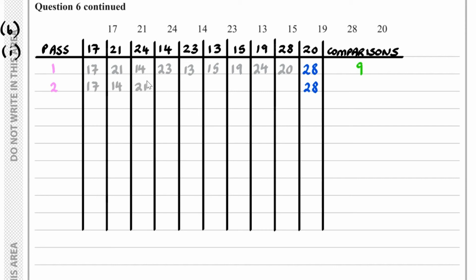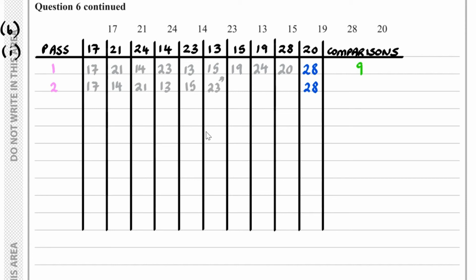So now we compare this 21 with the 23, 21 is smaller. So now we compare the 23 with the 13, 13 is smaller, and we now compare the 23 with the 15, 15 is smaller.